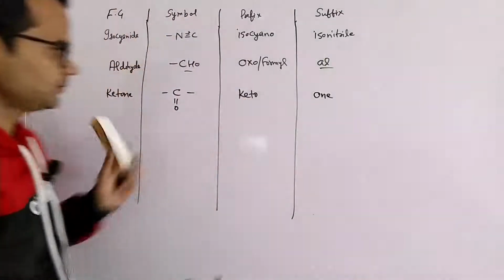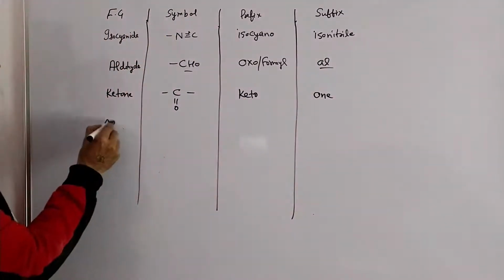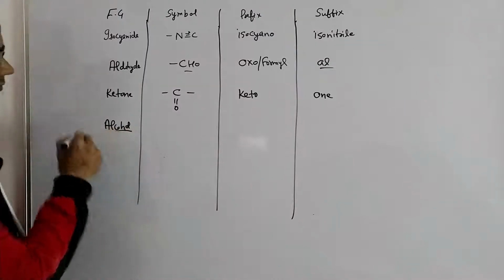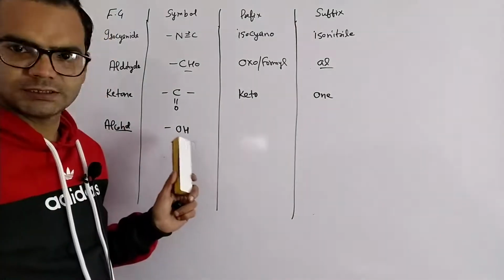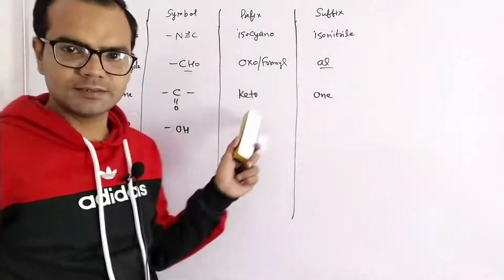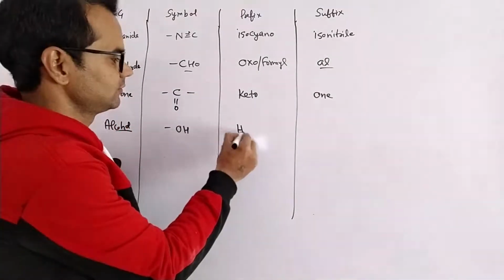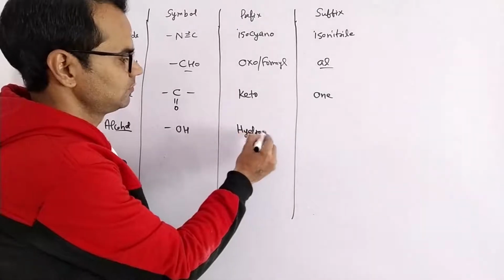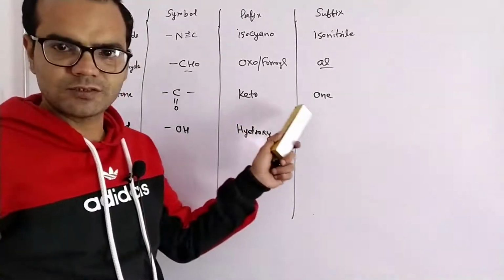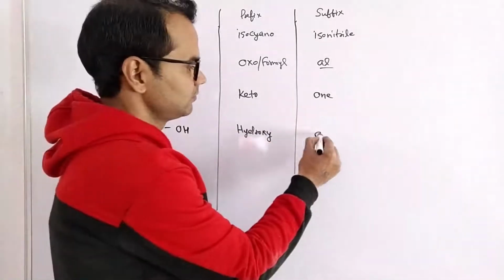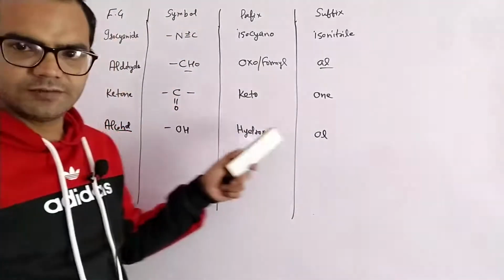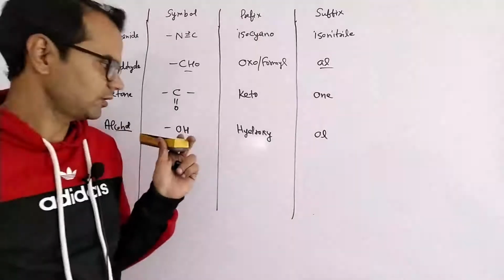Next is alcohol. Symbol is OH. When it is used as a prefix, it is hydroxy, and when it is used as the main functional group, then its suffix is ol. Next is a derivative of alcohol, that is thioalcohol.